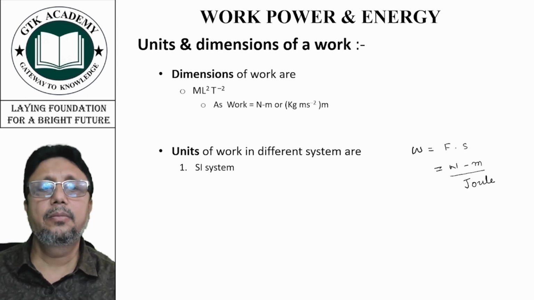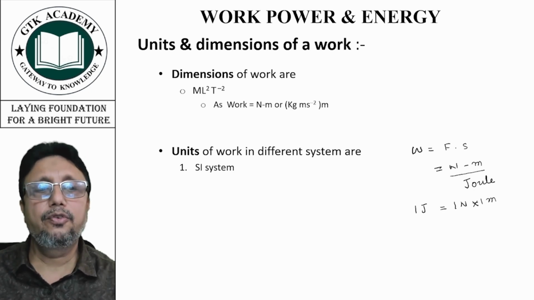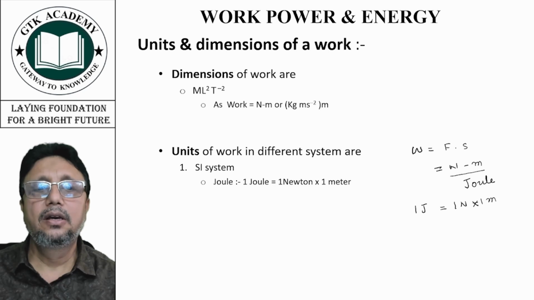In SI system, which we generally use, 1 joule is equal to 1 Newton into 1 meter. If a force of 1 Newton moves a body by 1 meter, then the work done is 1 joule.